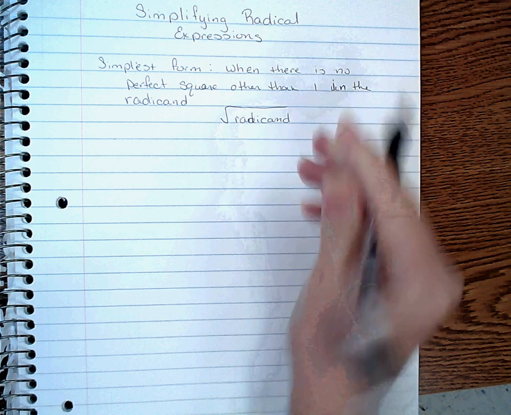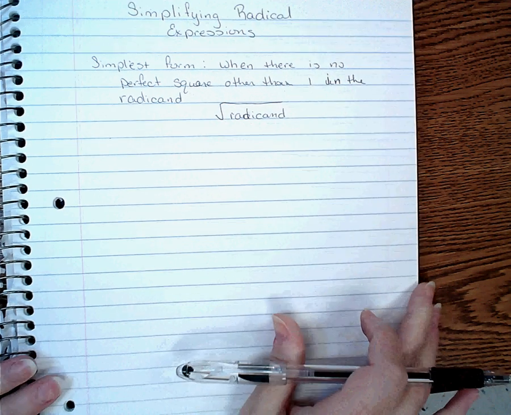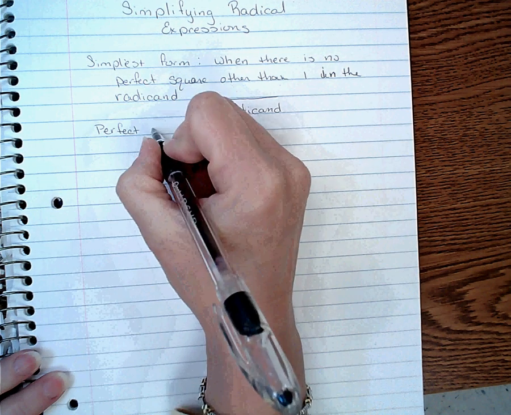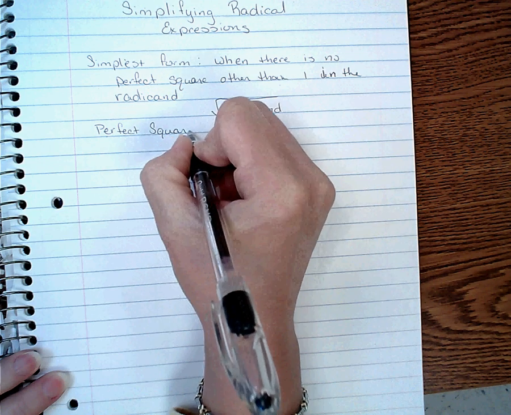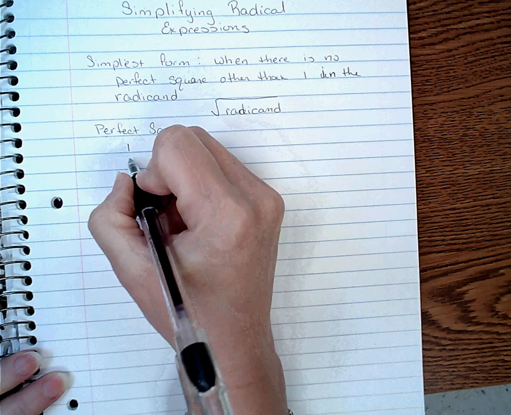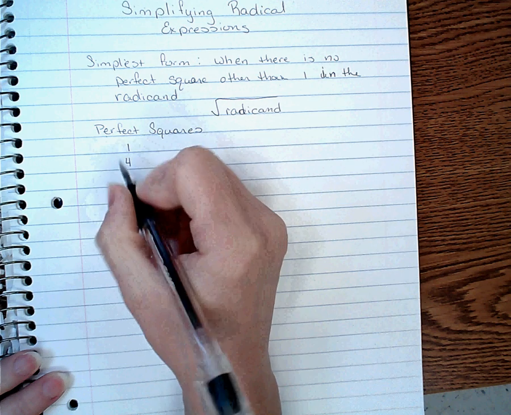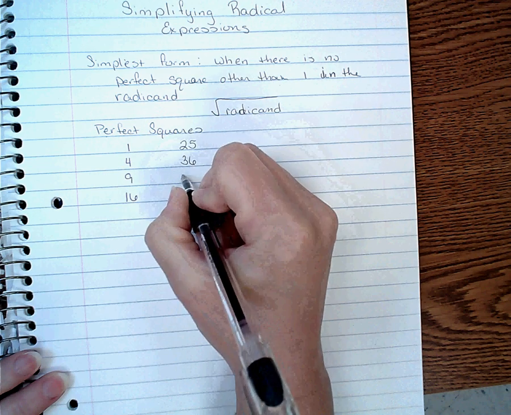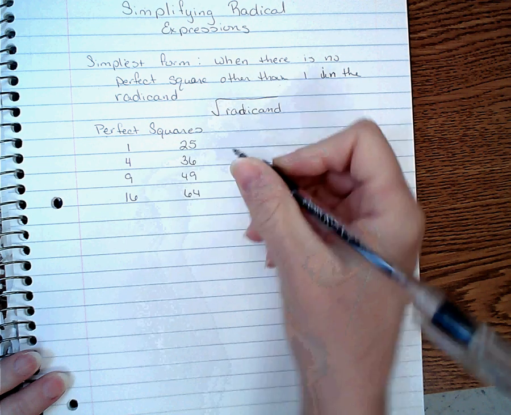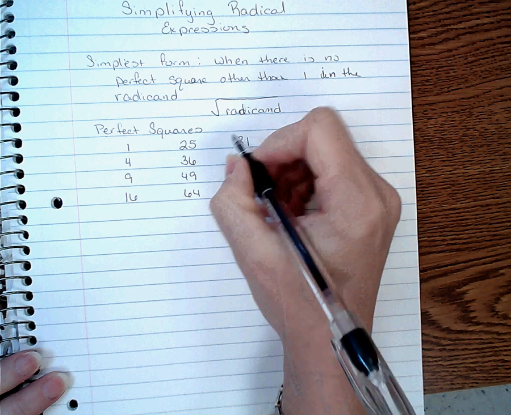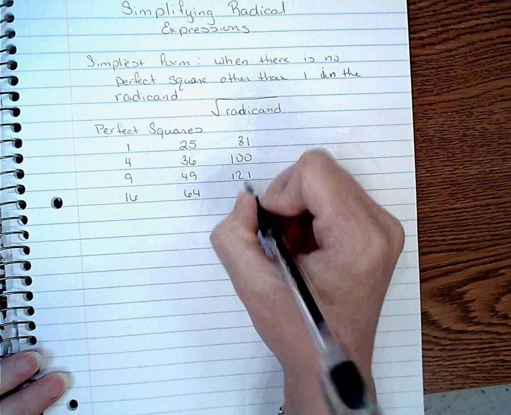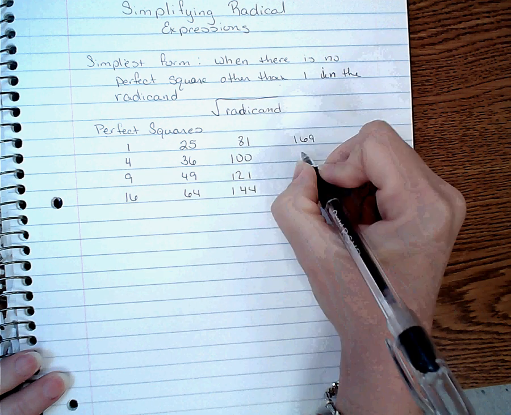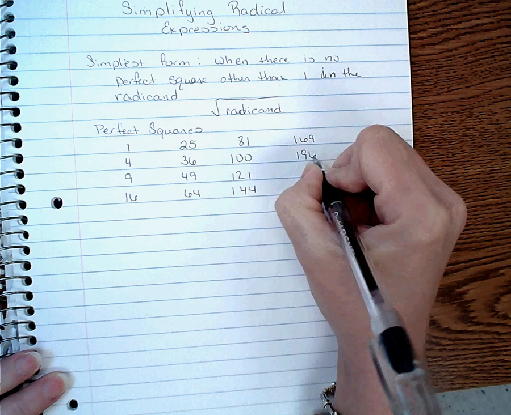Okay? So, now, before we get into this, let me list out some perfect squares, just so that everybody's familiar with it. So your first perfect square would be 1, and then it would go 4, 9, 16, 25, 36, 49, 64, 81, 100, 121, 144, 169, 196, and then 225.